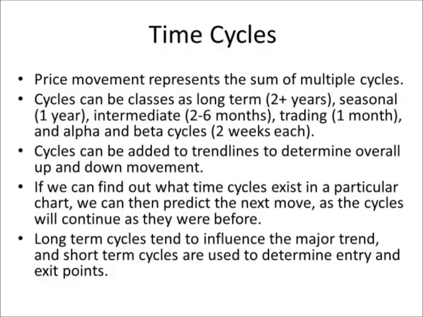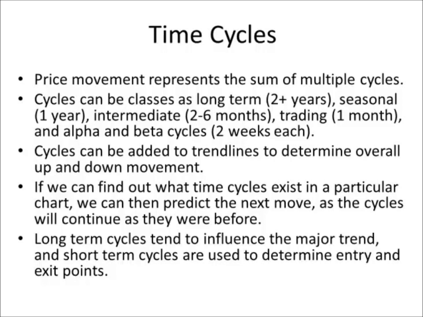And then we have what are called alpha and beta cycles, which tend to be 2 weeks each. The names of the cycles are not important. You don't need to know them. Just be aware that we have different time periods of cycles which correspond to different trends, right? You can think about it as being like the major trend, the intermediate trend, etc. But rather than focusing on direction, we're mostly interested in the time frames of the movement.